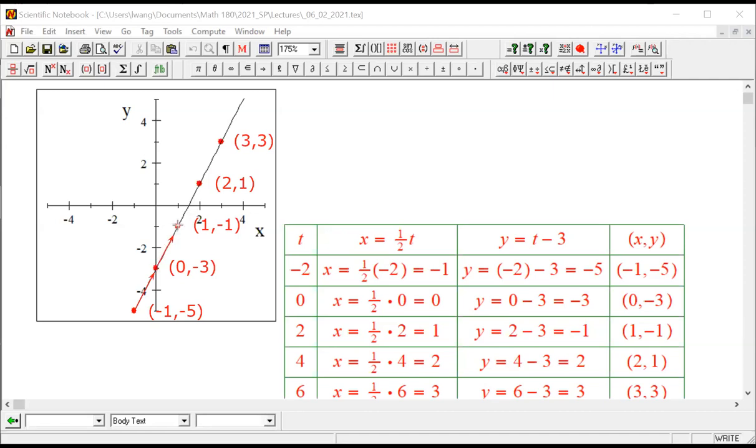Add these arrows to your work, and that would be called a complete work. If you don't have the points labeled, you don't get the credit for those. So this will be a perfect piece of work.